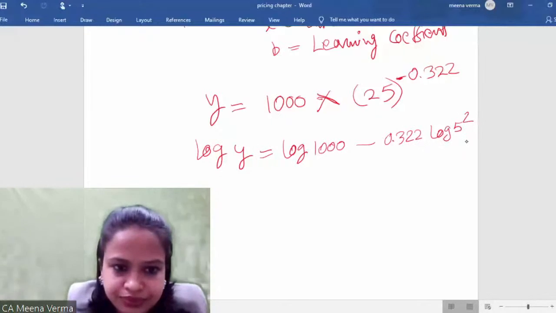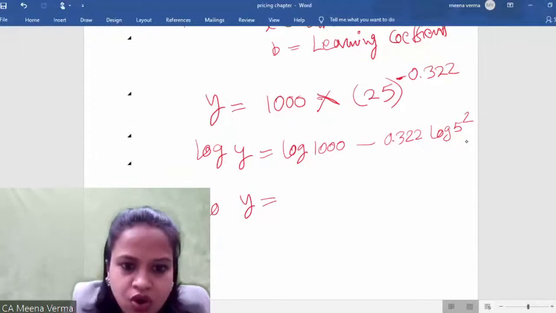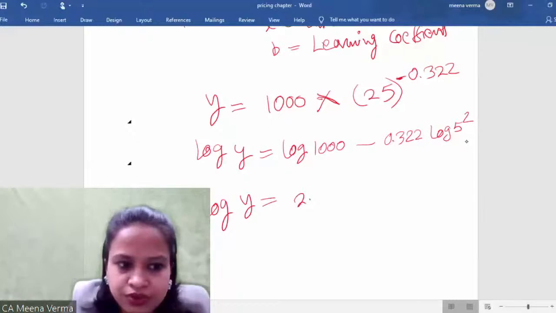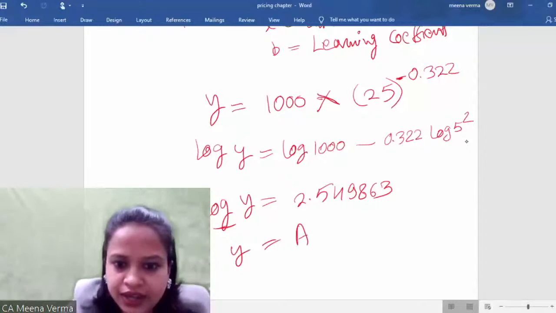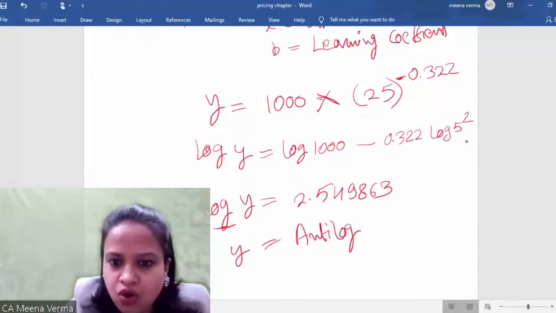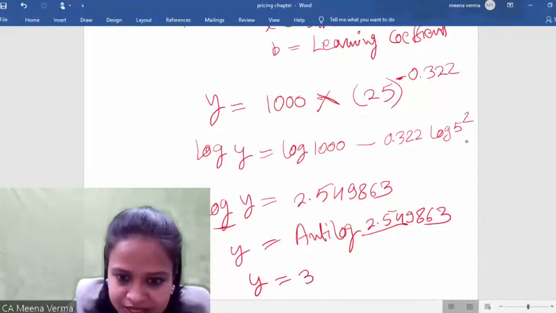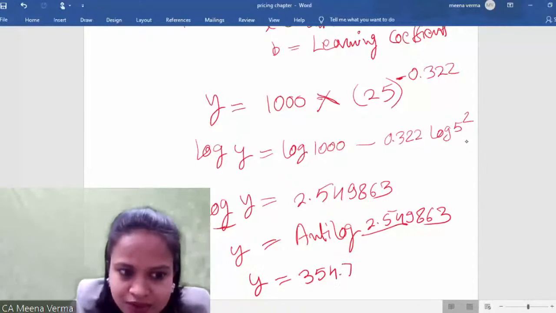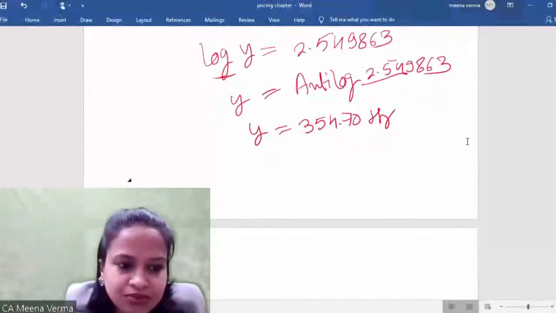If you solve it, you will get log Y as 2.549863. Then for removal of log, you will apply the anti-log of this value, 2.549863. So Y, the average time, will come here as 354.70 hours.